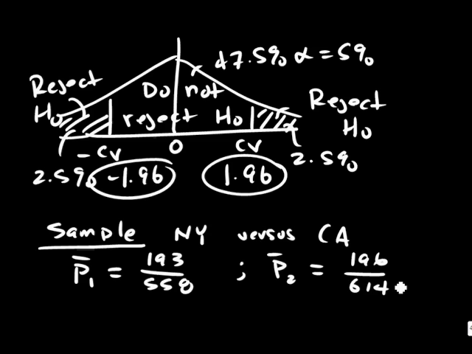So using our calculator, we're going to compute these proportions. 193 divided by 558 gives us, if we approximate to the nearest thousandths, 0.34. 5 is in the thousandths position. Look at the digit to the right. It's an 8. Add 1. Sample proportion 1 is approximately 0.346.